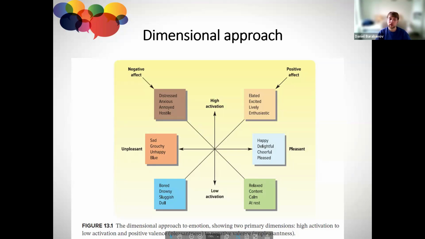Anxiety is high activation with unpleasant emotion, and low activation but pleasant is just feeling relaxed, calm, tranquil, right? So basically, researchers who use this methodological approach can put any emotions in those coordinates, as I mentioned before, and try to see the difference between them in this way.